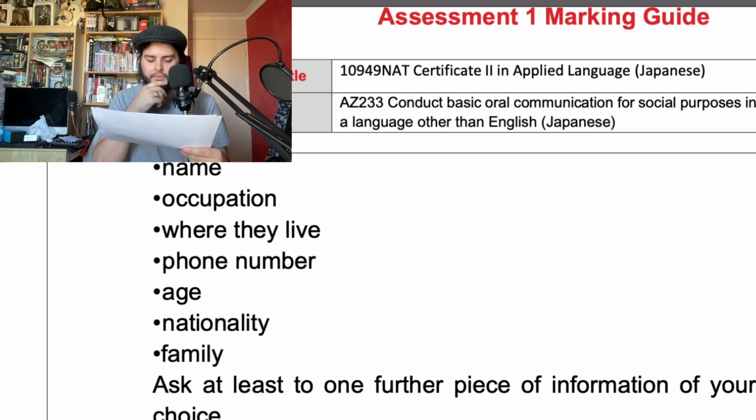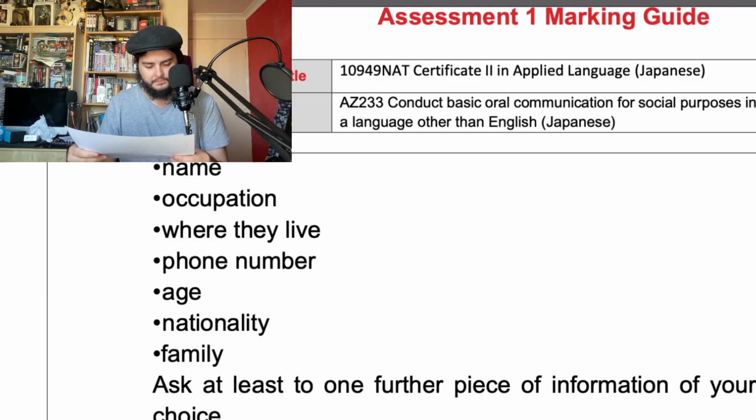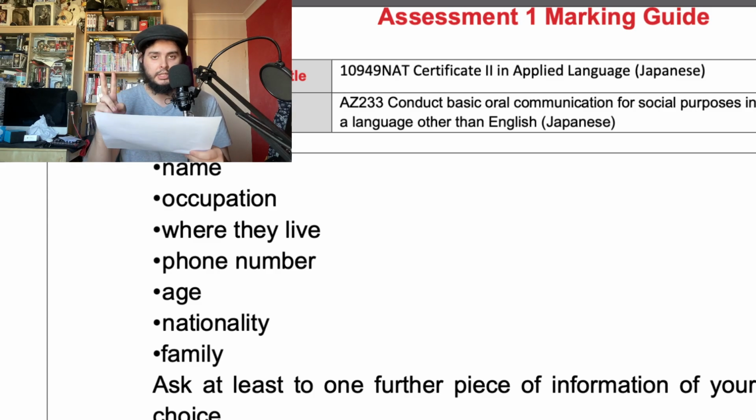And then for the age, what is your age? I put "anata no nenrei wa." I believe I was very wrong with this one. Yeah, what is your age? So the correct way, and she's given me two ways to be able to ask this question correctly, is, so forget about what I said, which is the "anata no nenrei wa."